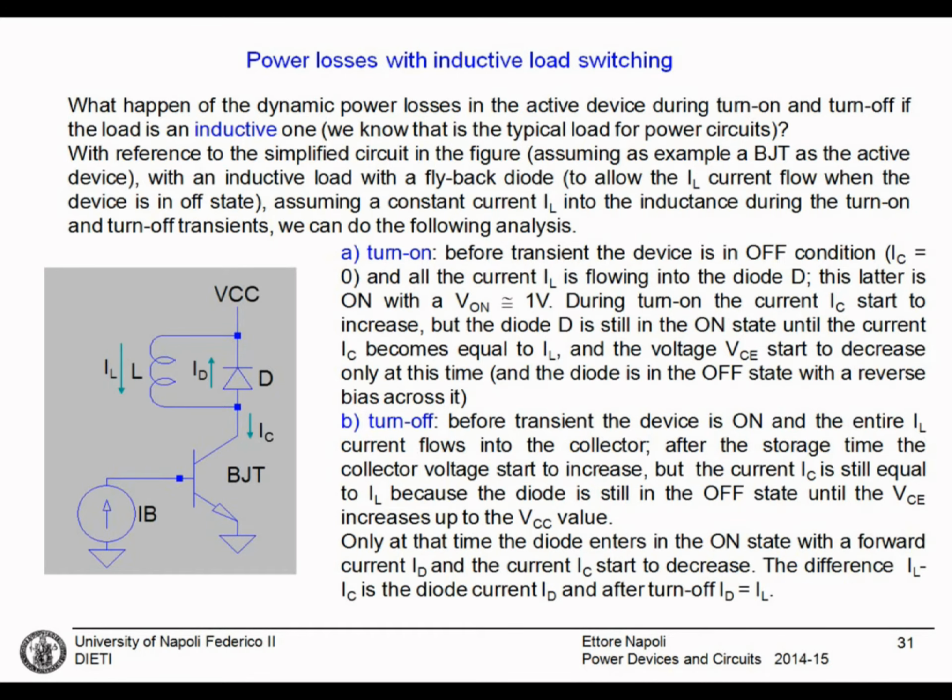The only way to reduce the voltage here is to turn off the diode. If the diode is on, this voltage is clamped to VCC. This means that while the BJT is turning on, its current increases, but the voltage remains at VCC.